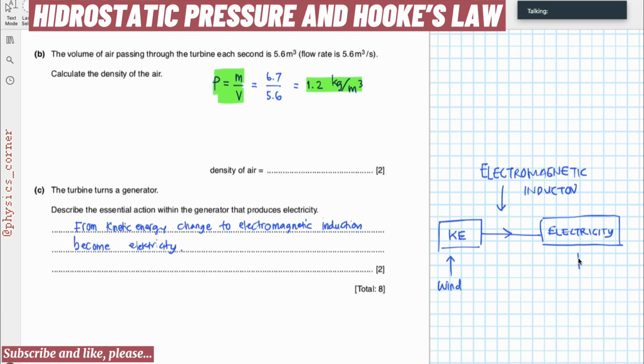And this maybe goes to household wiring, to household electrical appliances. And electromagnetic induction we will learn about probably in grade 12, semester 1.